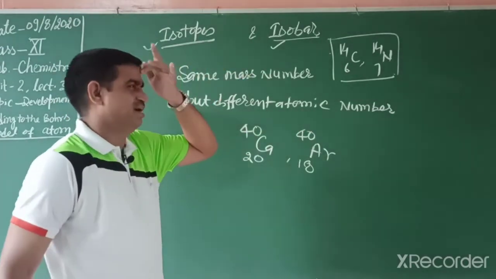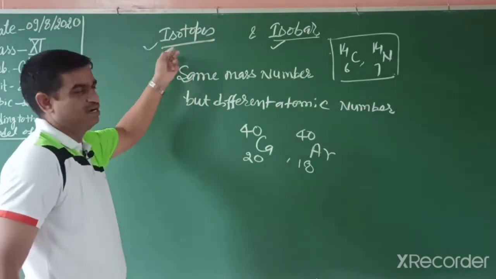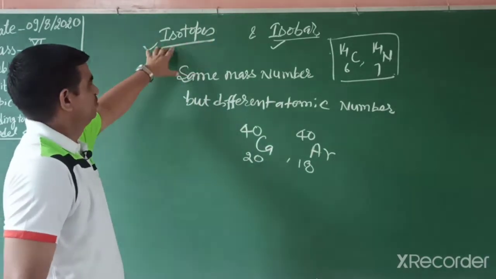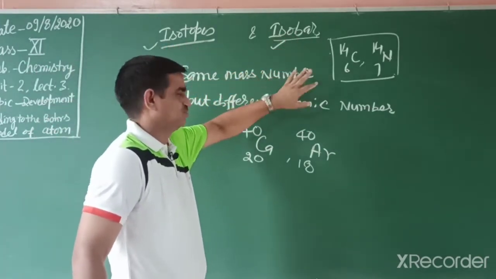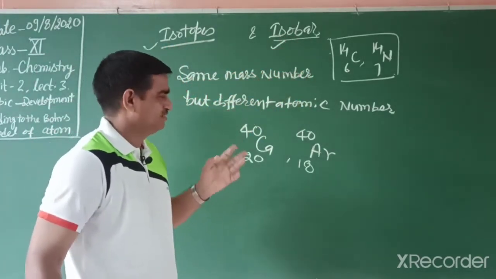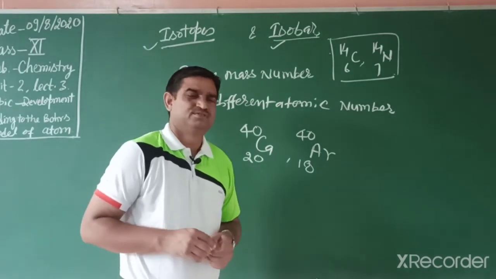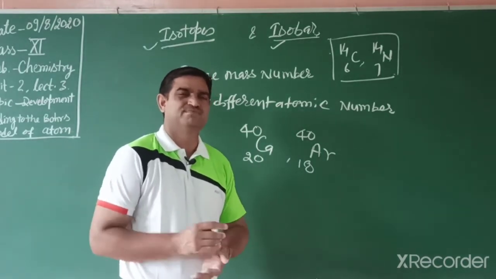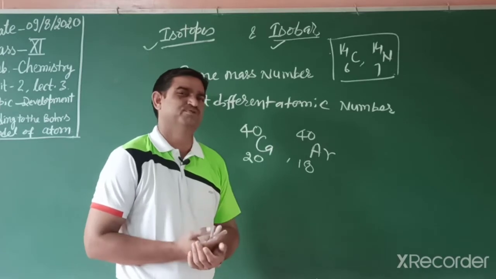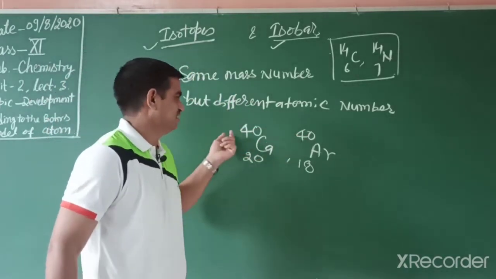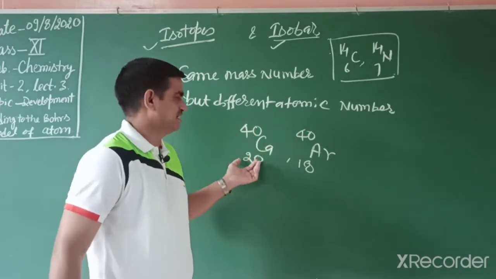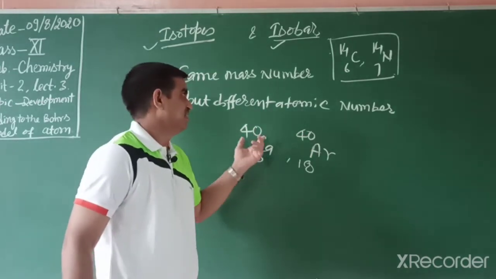Isotopes have the same chemical property because of the same atomic number. This is the main difference. Many times in exams it comes: species having the same chemical property are isotopes, and those with the same mass but different chemical property are isobars.